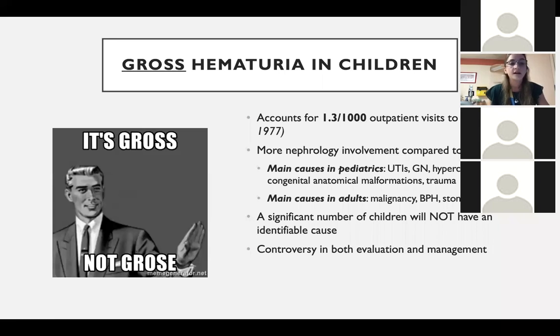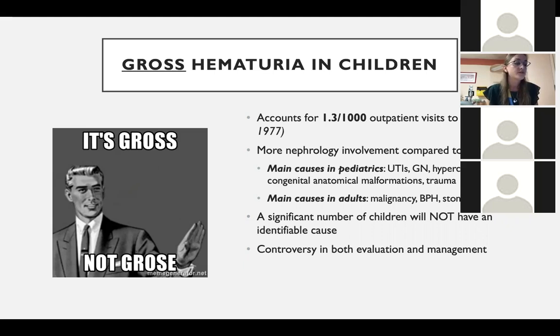So finally, we'll focus now on gross hematuria in the pediatric population. Gross hematuria for kids is very rare, and it accounts for only around 1.3 out of 1,000 patient visits to the emergency room. An important thing to highlight is that unlike adults, in whom gross hematuria carries a much higher likelihood of malignancy, medical renal disease is the most common cause of microscopic and gross hematuria in children.